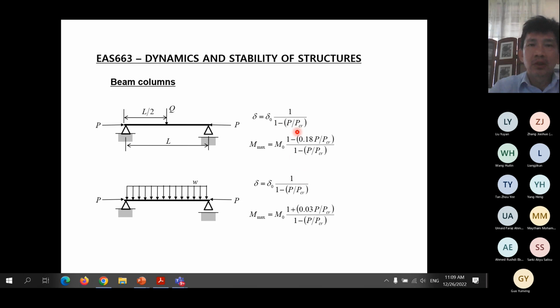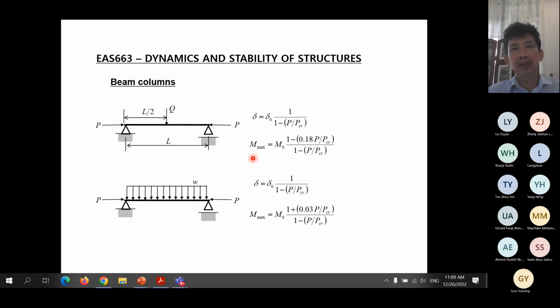So when P is not equal to 0, this expression here, which we call the amplification factor, will be more than 1. When it is more than 1, multiplied with delta 0 or M0, you get delta, which is the maximum deflection in this beam, and this delta in this beam will be amplified.